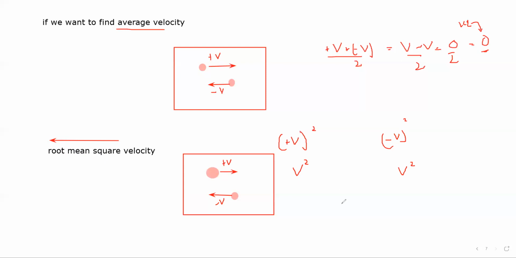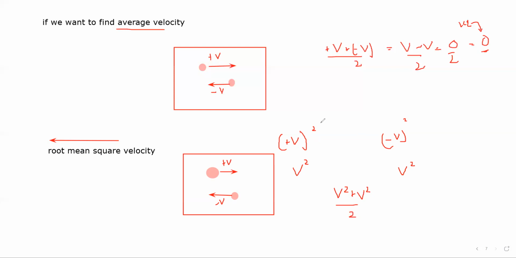Then we take an average. How to take an average? v square plus v square divided by 2. If there are three velocities, then v square, v square, v square divided by 3. So we take the sum divided by the total.